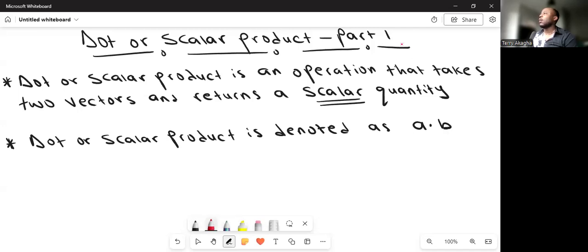So you write it as A dot B. So that's how you write it.